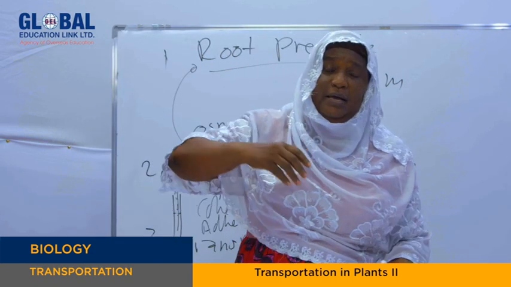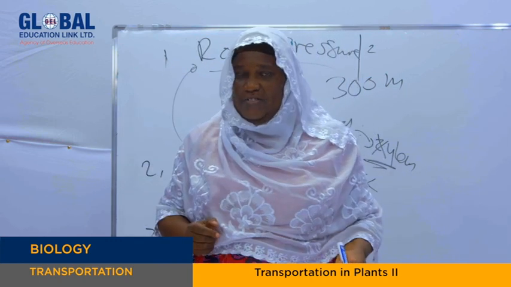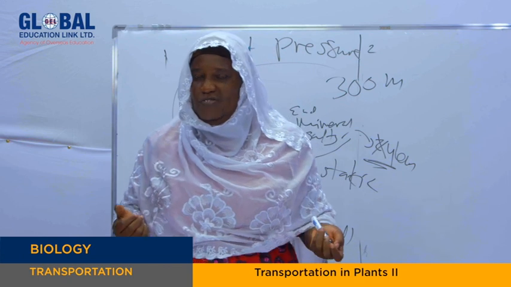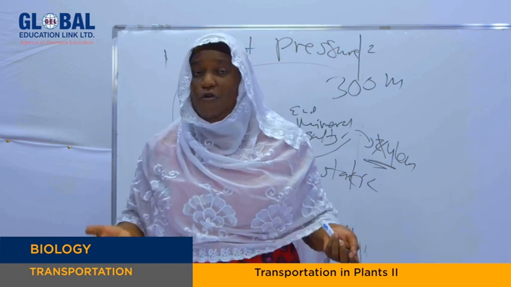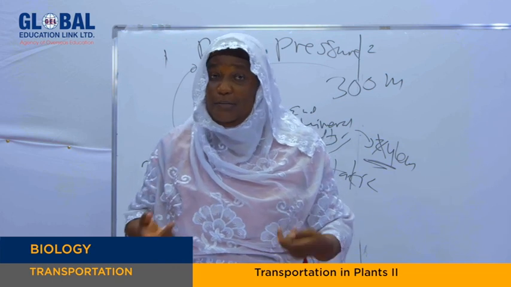It means it originates from the leaves, and it is due to transpiration. I think you know what transpiration is. Loss of water in the form of vapor. That process is called transpiration.